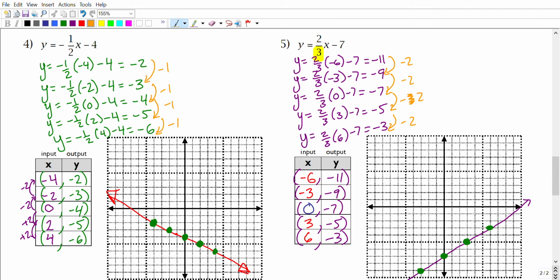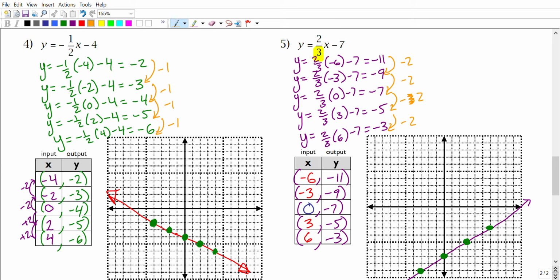Now that's not exactly the slope because we inputted values that weren't going up by 1. However, they do show that the pattern is linear. It keeps going down or keeps going up by the same rate. Just wanted to make that a little clearer for you guys.